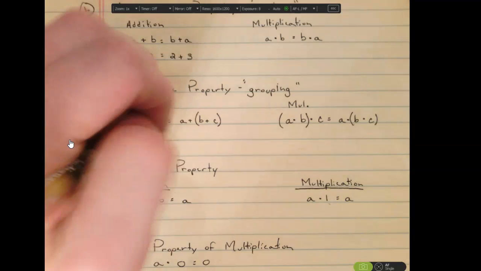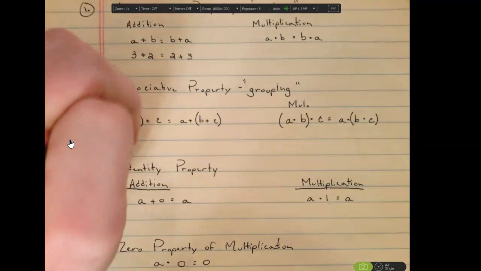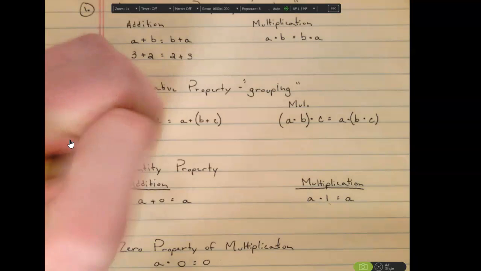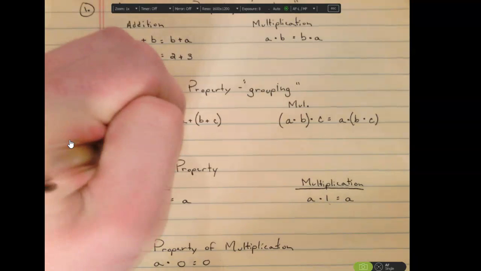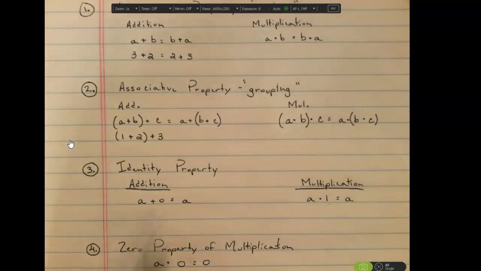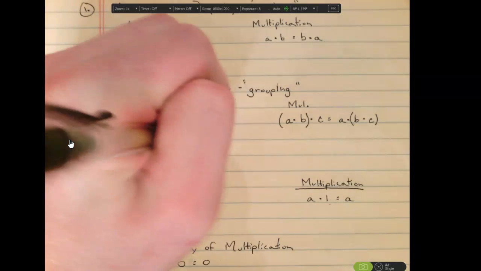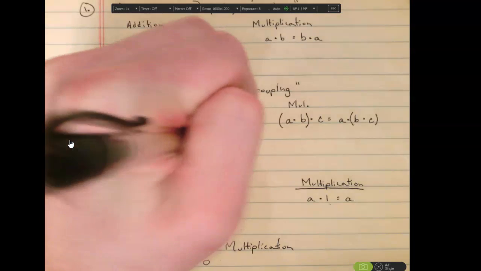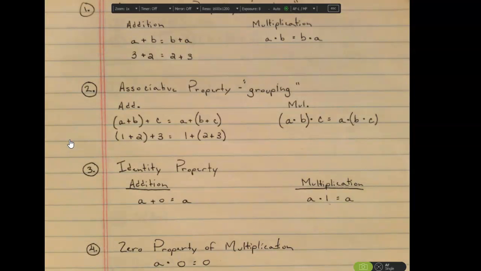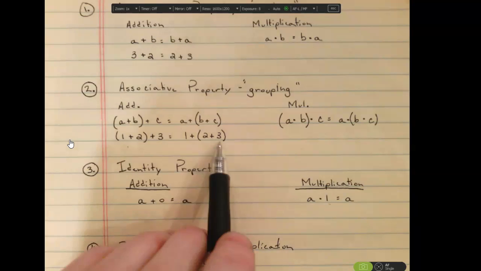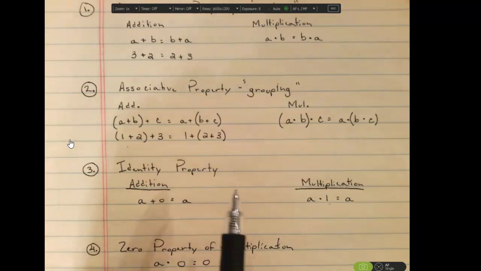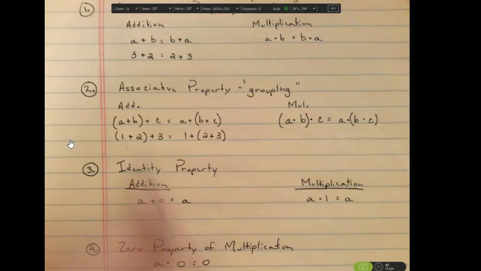Let's see how this makes sense. If I were to plug this in where I had (1 plus 2) plus 3, based on my parentheses, on the right that would turn into 1 plus (2 plus 3). Notice my parentheses, guys, are in different spots. We solve parentheses first.